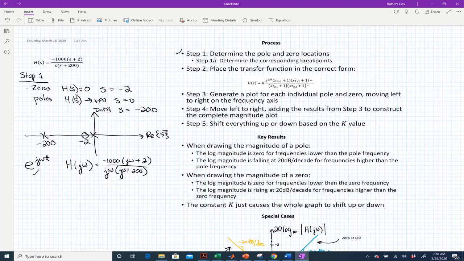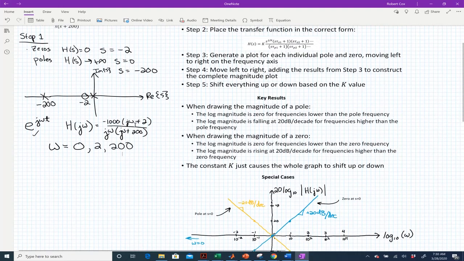When I plot the magnitude of this particular transfer function, what we have learned is that the magnitude changes or breaks at certain frequencies that are caused by these poles and zeros. So the break points in this case, where the magnitude would change, would be at 0, 2, and 200. Those are my breakpoint frequencies.